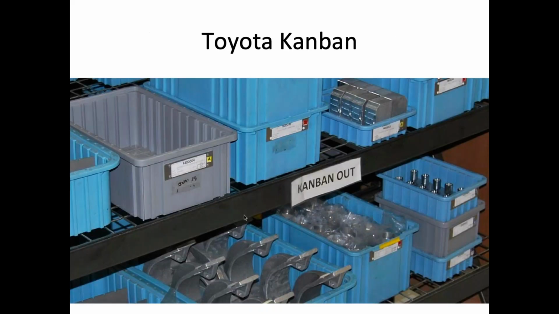Toyota took this a step further in terms of not just focusing on where the bottleneck was, but it was a Kanban system. And this is a process where you put a tray of parts between all the different manufacturing processes, and you don't create more product until you have an empty bin to fill.